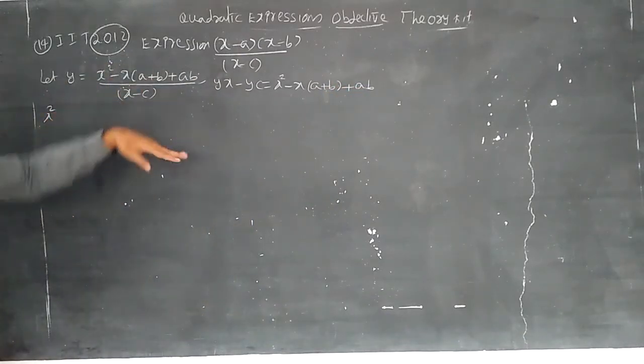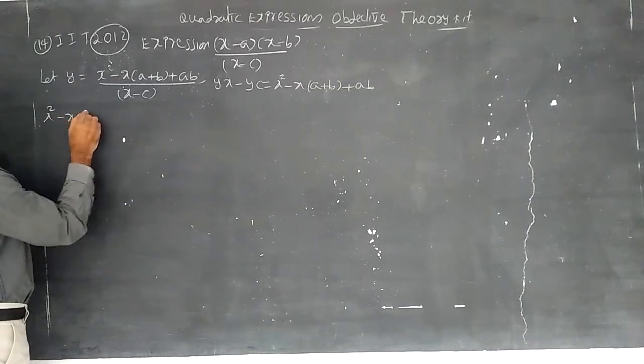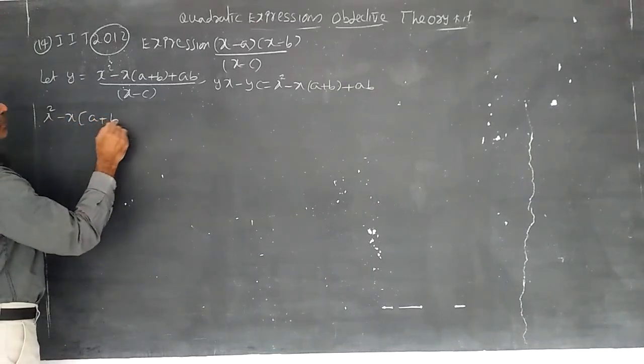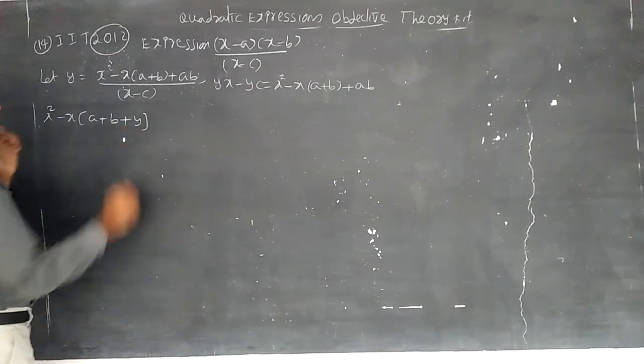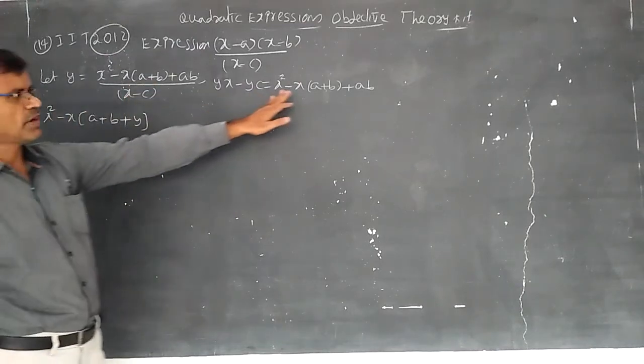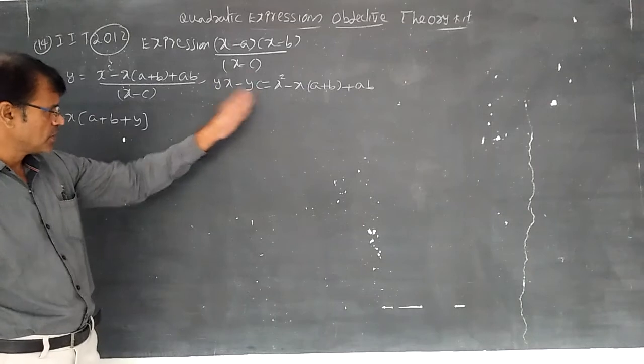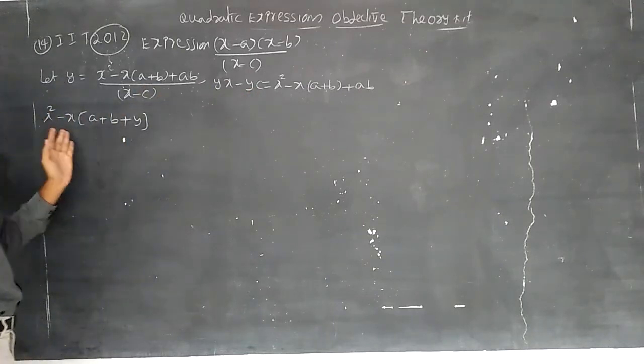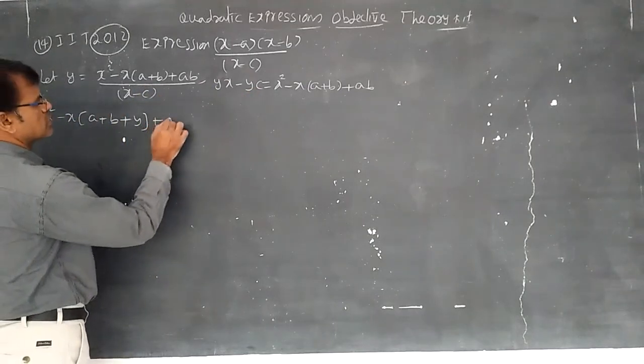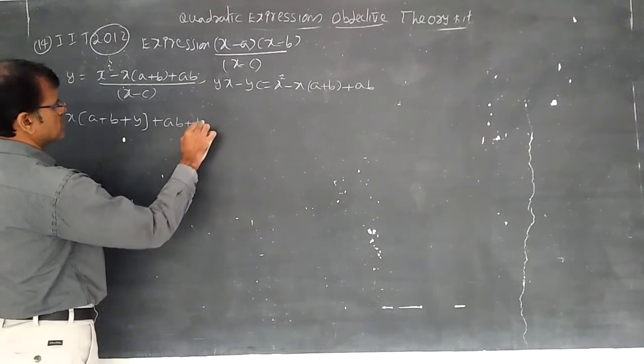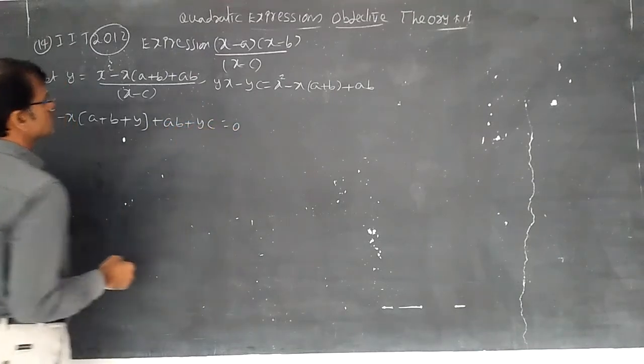Next step, taking that side, x square minus x minus xy. Take minus x common, it becomes a plus b plus y. Next, ab plus yc. This is equal to 0.